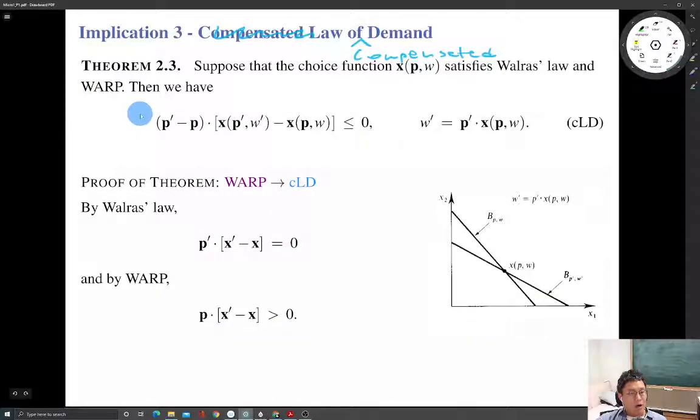All right. So this is a compensated demand, very similar to the Hicksian demand.